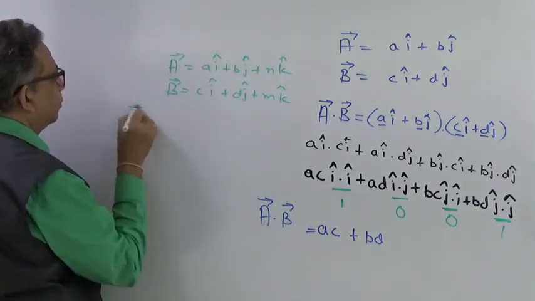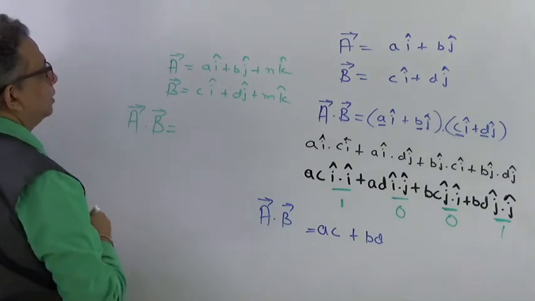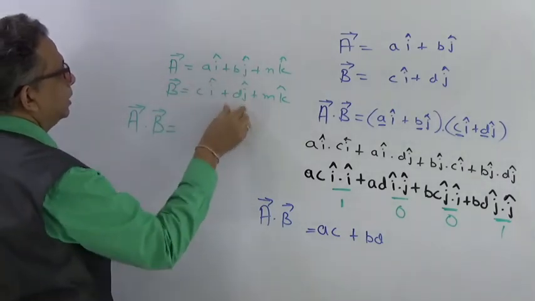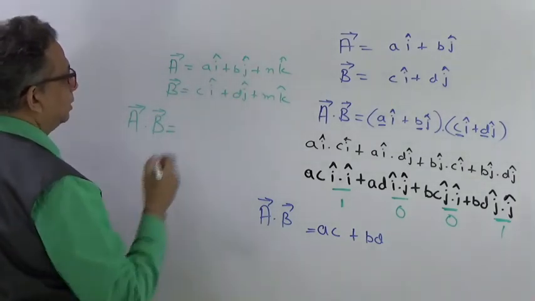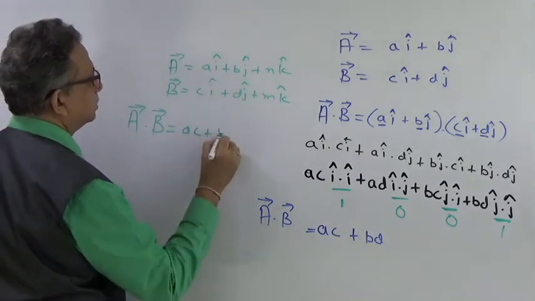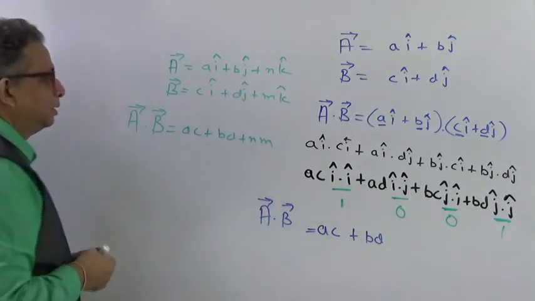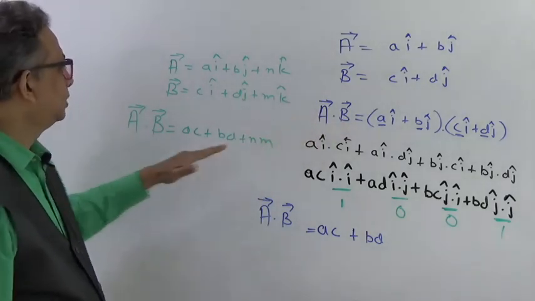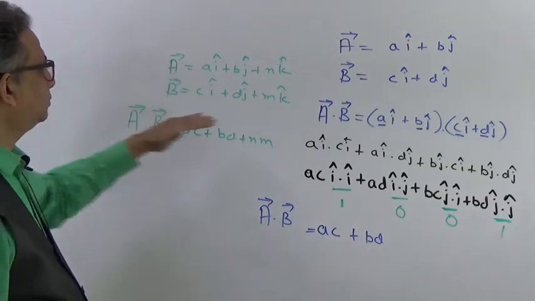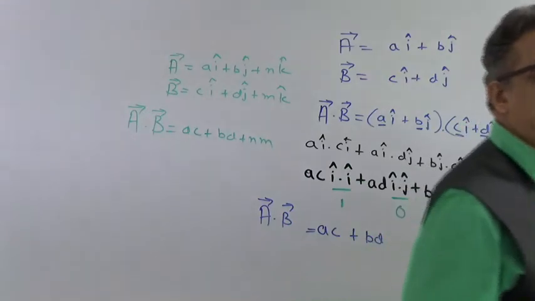So the dot product of vector A and vector B, as I have said, just multiply similar vectors. So this will give me A into C plus B into D plus N into M. This is just an extension rule of multiplying two vectors which are in the 3D format, where you are using I, J and K.